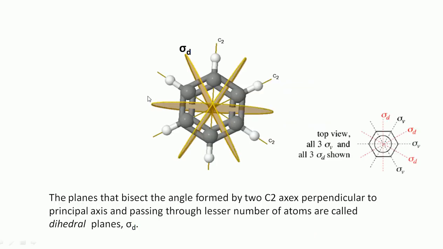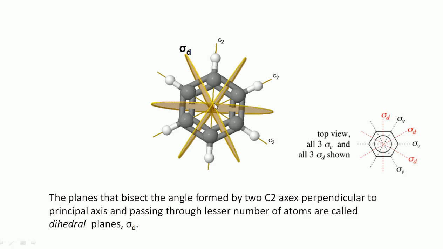And in the benzene molecule, you look, you have a C2 axis passing like this, another C2 axis like this.